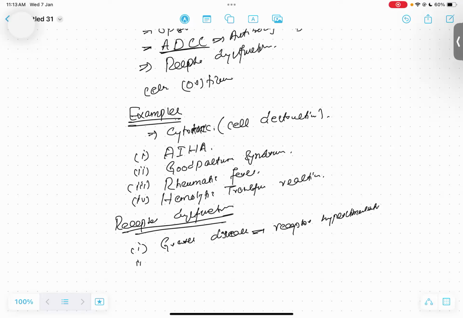Okay, doctors. And in myasthenia gravis, it will lead to receptor blockage.